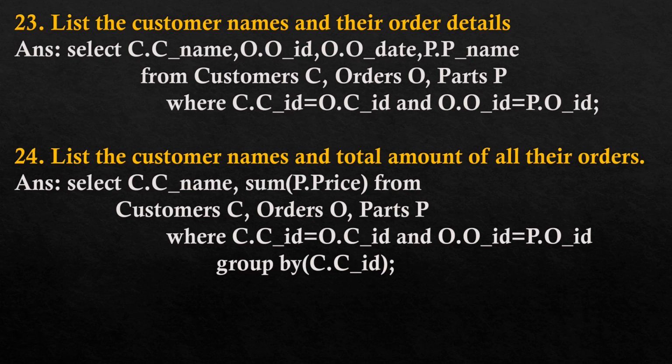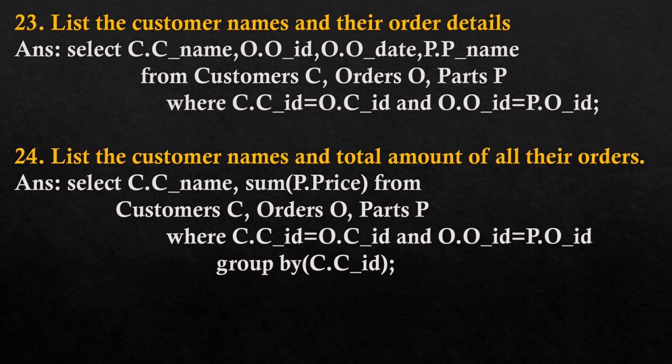Total amount you can get from the parts table. So P.price you have to put within the sum function, from customer C, comma orders O, comma parts P, where C.CID is equal to O.CID and O.OID is equal to P.OID. Group by C.CID.